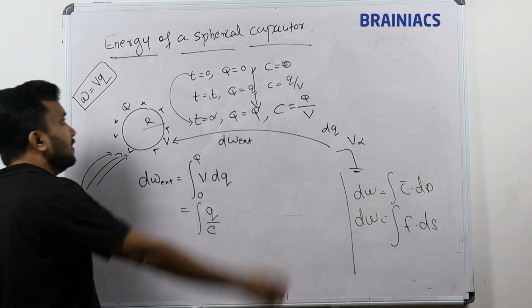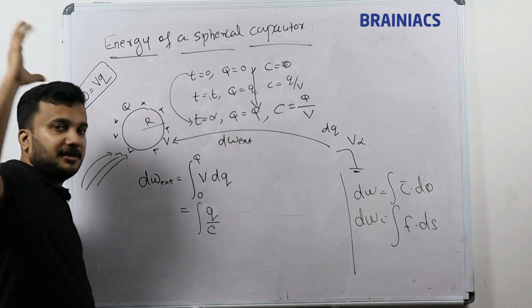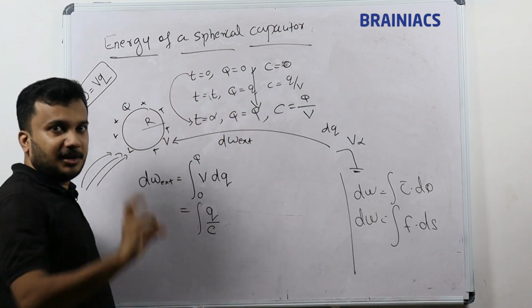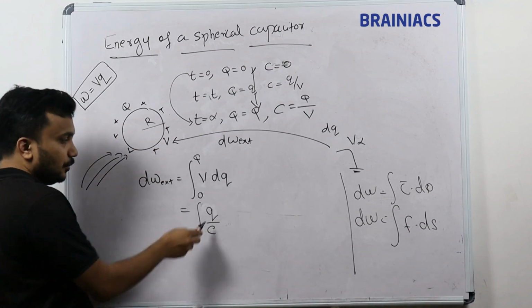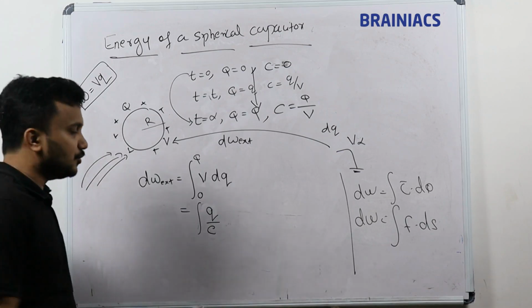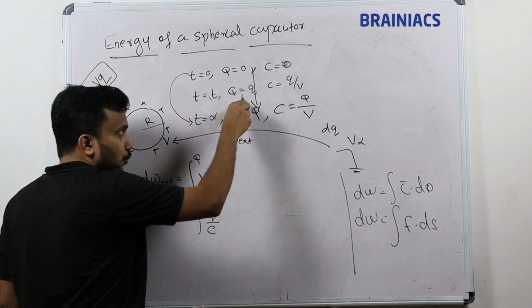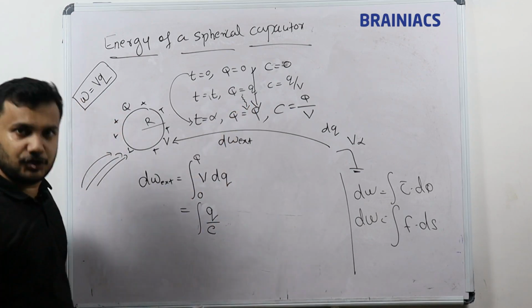After a long time, it is charged to full charge. Its full charge is capital Q, and small q is lesser, so small q is an intermediate stage. Initially it is 0, finally it is capital Q. So the intermediate stage is small q, and this q is changing, and finally it reaches Q.